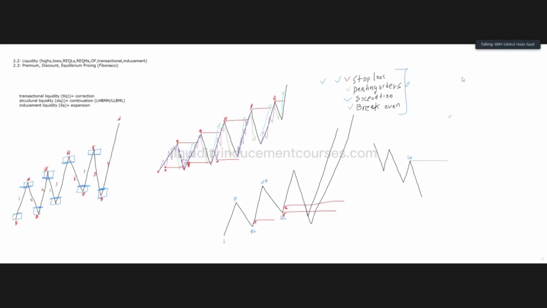Okay, if I have this, and then this, what does this mean? Some people will say, oh, that's relative equal highs. Am I correct? And they will be looking for a trade here. But me, what I see here is different.